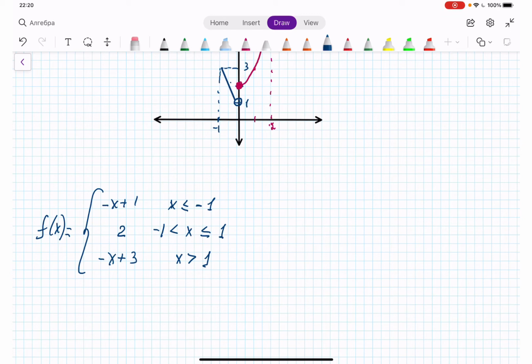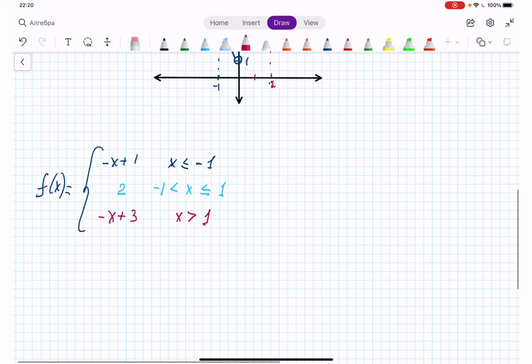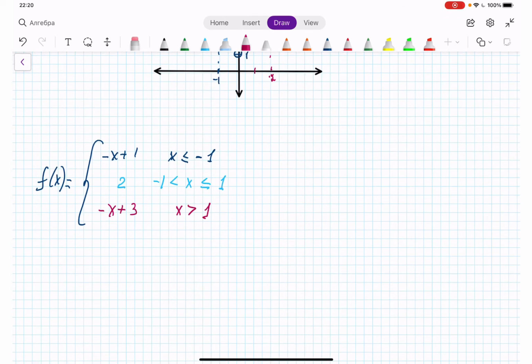So I'm going to change colors. This one is going to be blue, and this one is going to be burgundy color. So let's build the graph. If you want, you can put the points. Okay, let me do that for you. So for x, negative x plus 1.